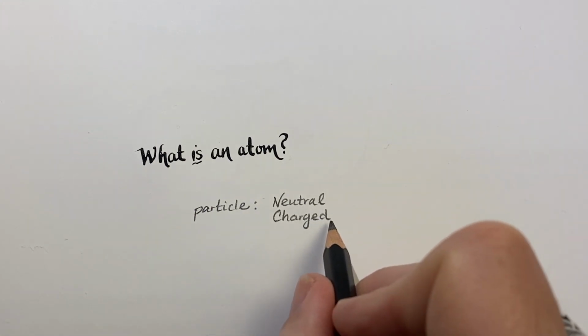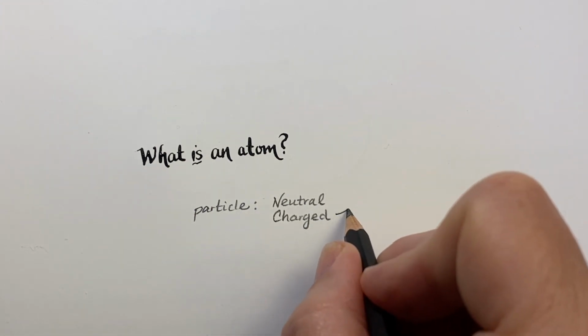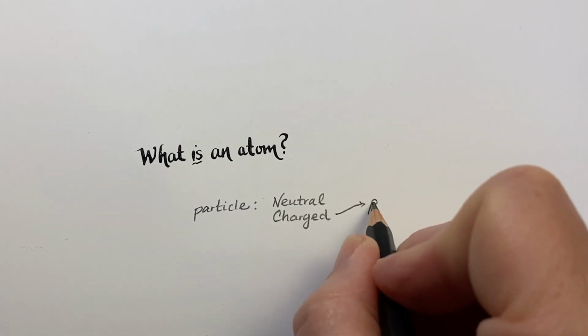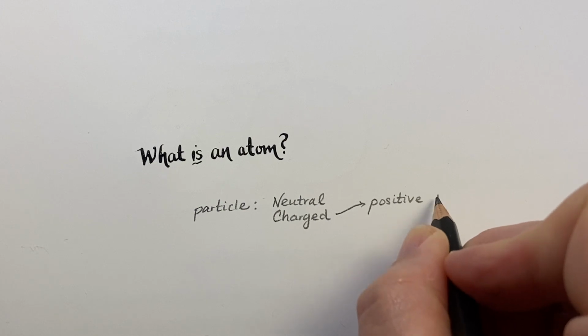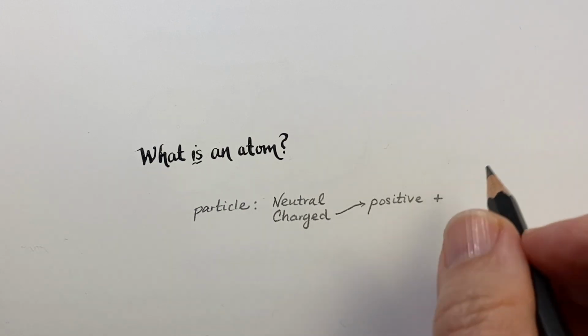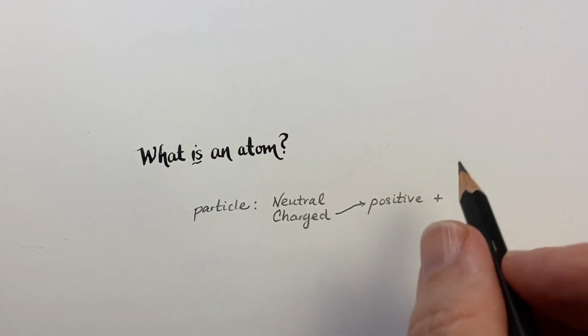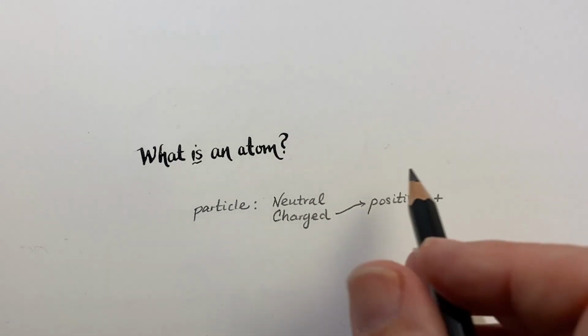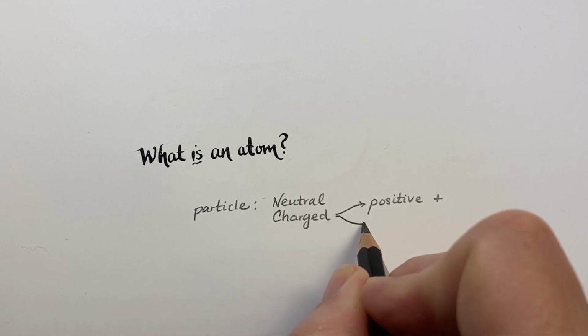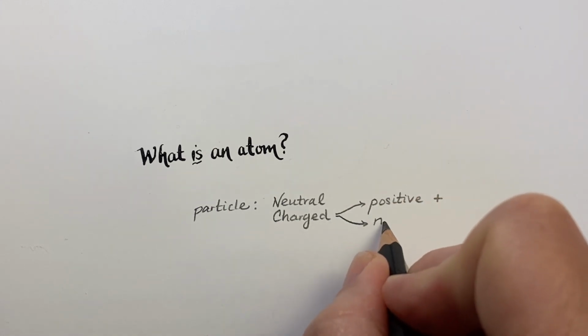So a charged particle can be either positive, kind of like when you look at a battery and it's got a positive end and it's got negative.